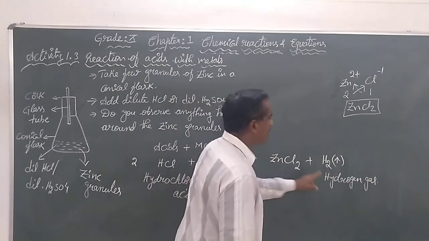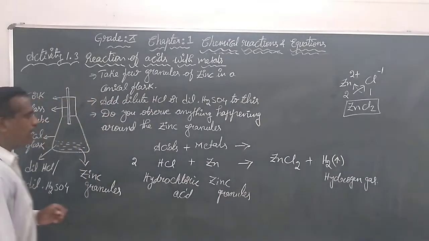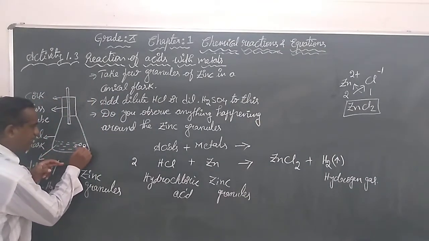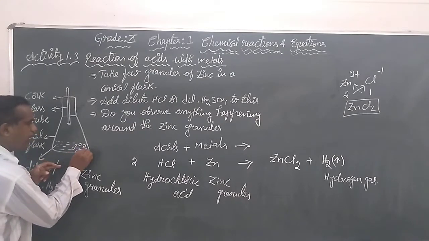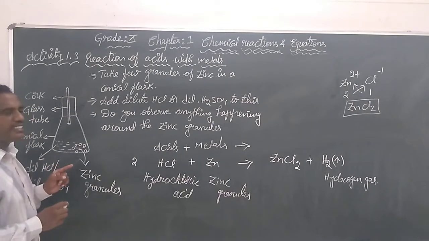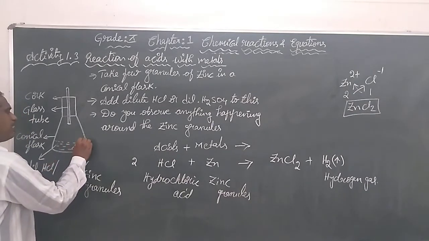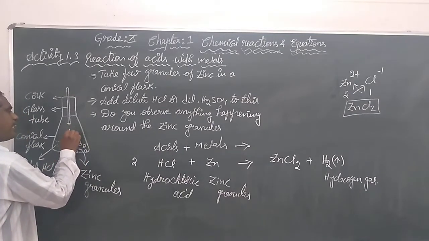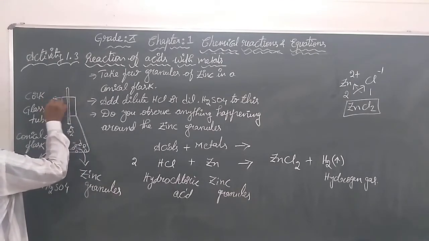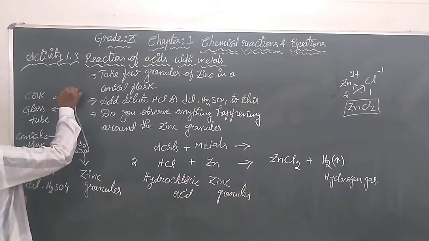This is the product that is formed. Around the zinc granules we will find little air bubbles. These bubbles are nothing but the hydrogen gas that is released. This hydrogen gas will try to escape through the glass tube that is arranged.